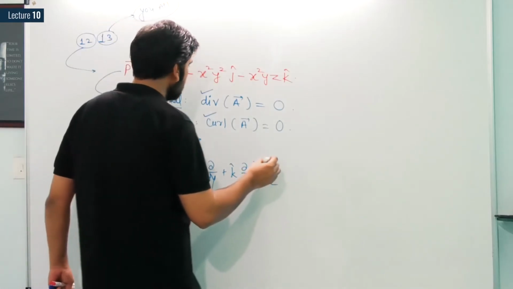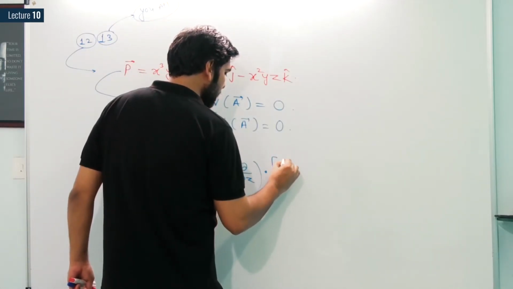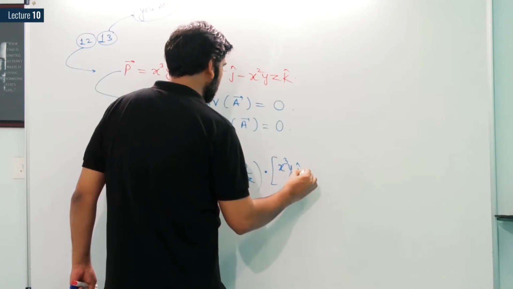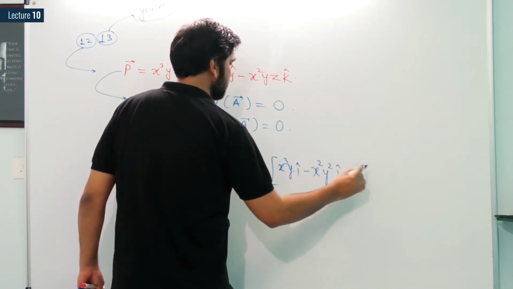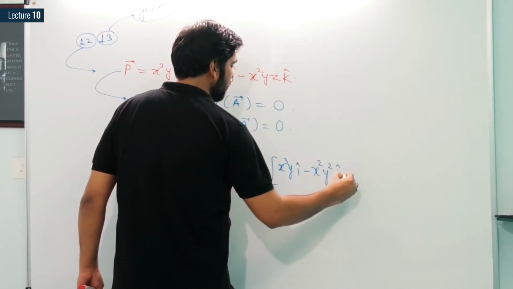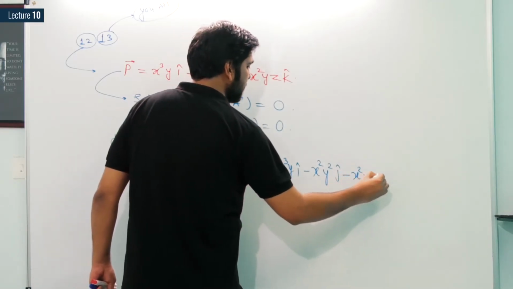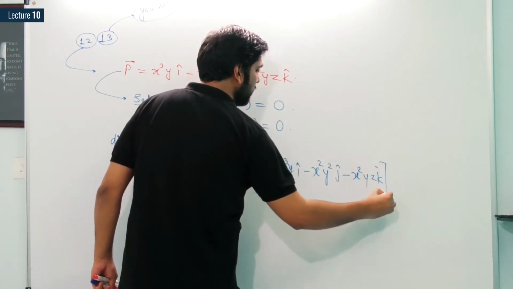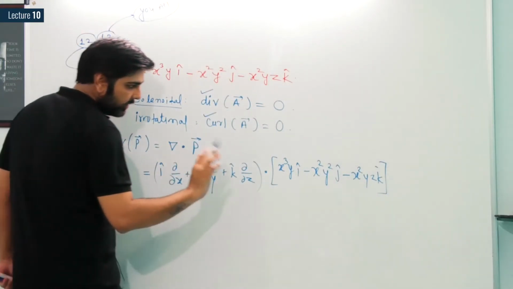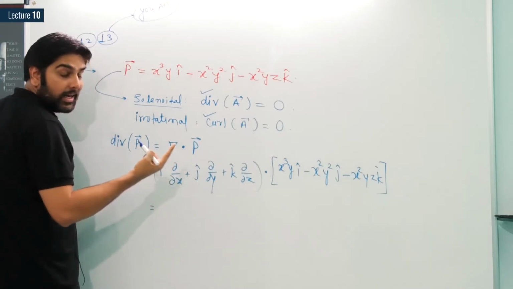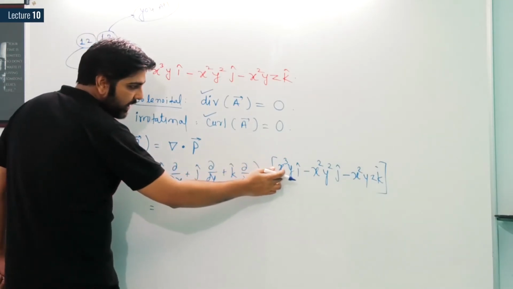Now what is the value of P? It is nothing but x raised to power 3 y i cap minus x square y square j cap minus x square y z k cap. So let us have the dot product. You all know dot product, and we have done with dot product as well. So i into i is nothing but 1. So multiply this with respect to x, we need to differentiate it.